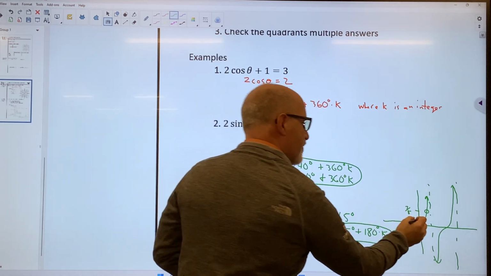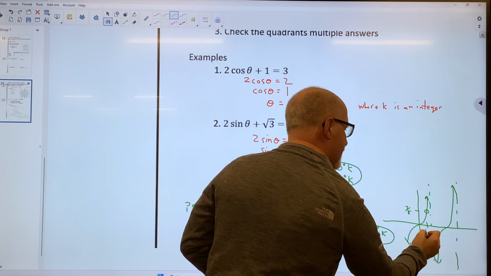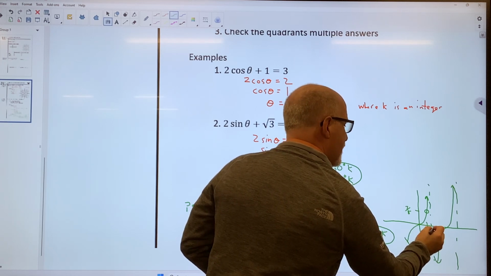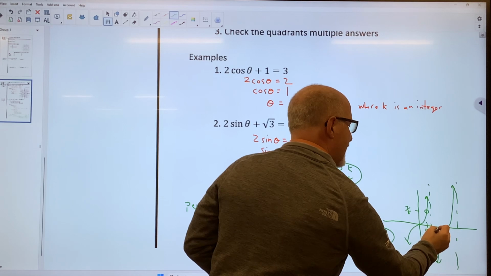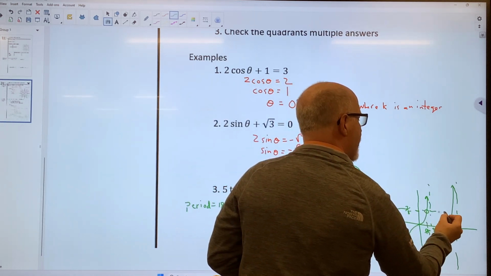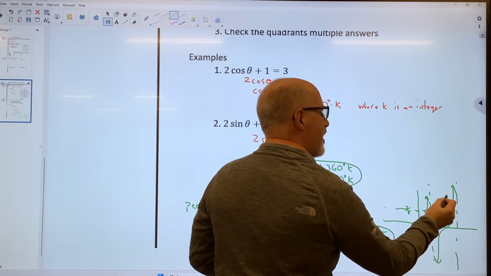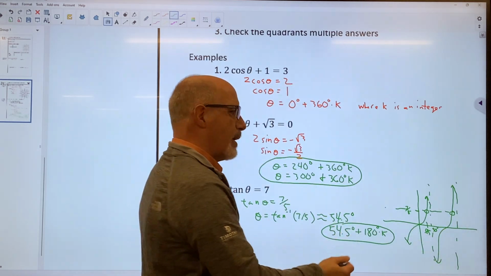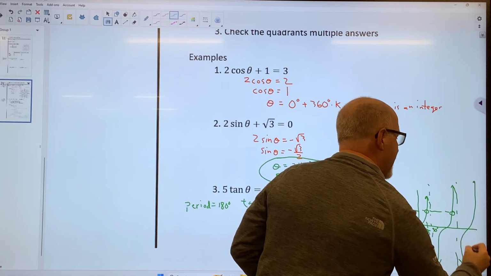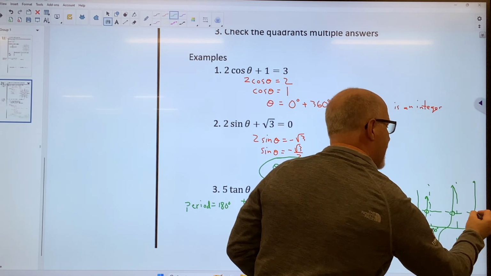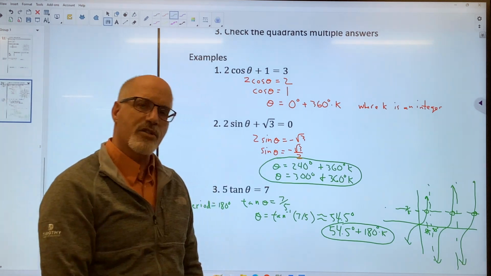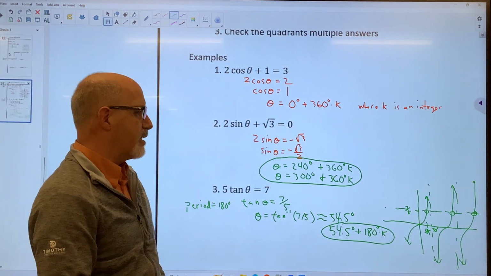That angle is 54.5. Notice that the asymptote's at 90 degrees, and so I'm going to get another time it's at 7/5 here. Notice that's 180 added onto it. And then when the next one comes like this, I'm going to hit it again, and I'm going to have to add another 180, so it keeps repeating that there are extra answers every 180 degrees.